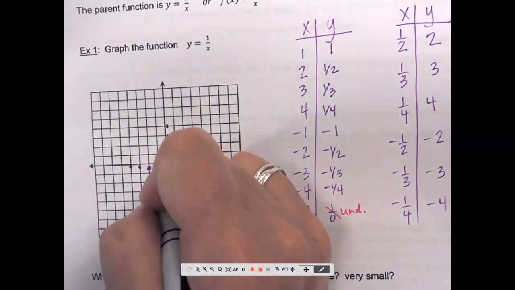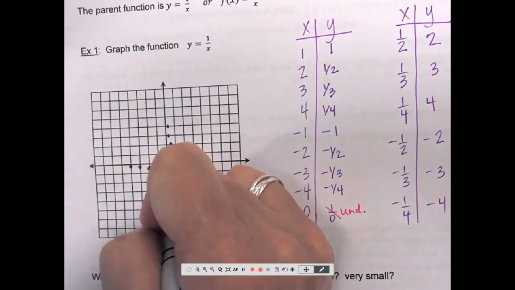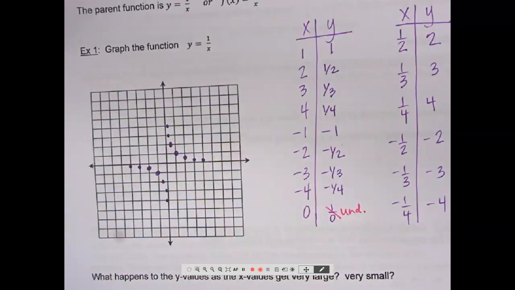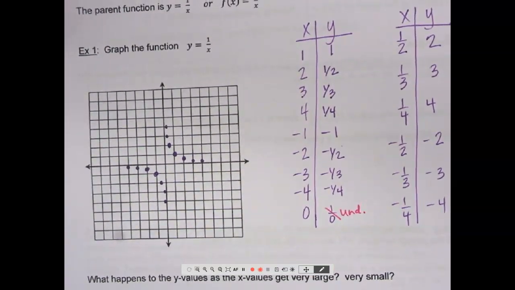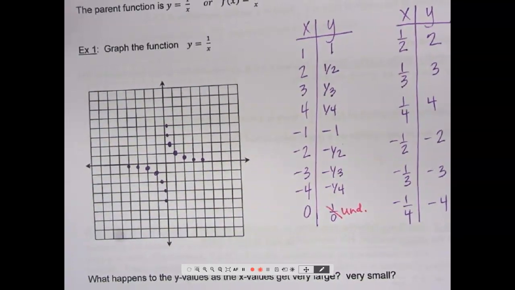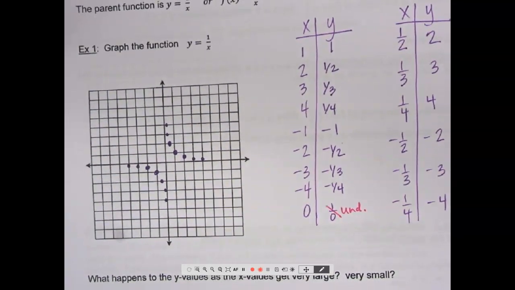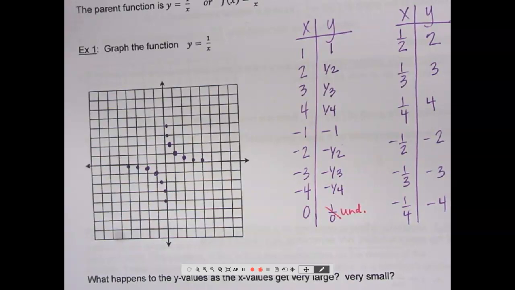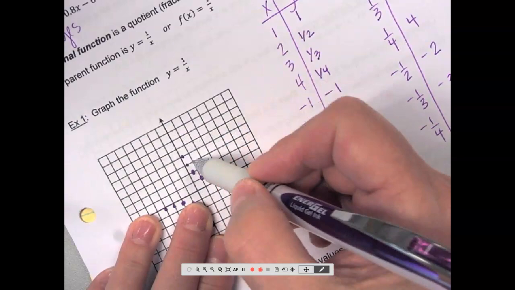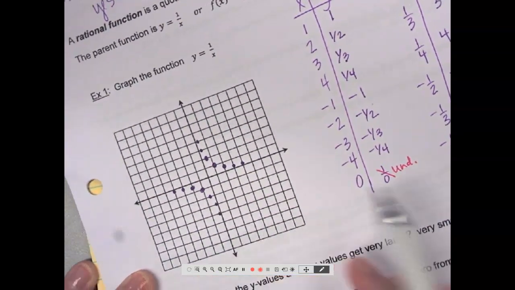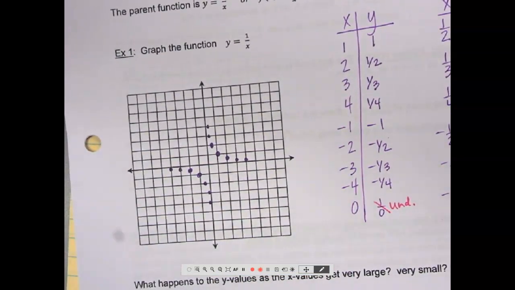And then do the negatives. What does that look like? Kind of looks like two parabolas, doesn't it? That are turned sideways. Doesn't that kind of look like a parabola, but they're like wonky?